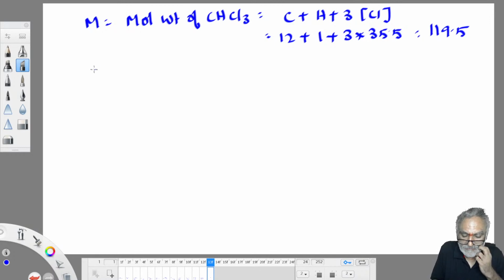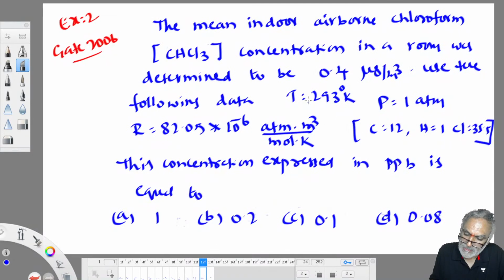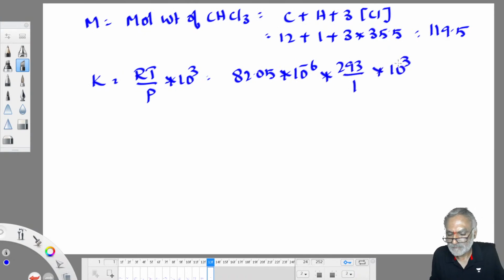Then K value. What is K? So it is RT by P into 10 cube. R is given in the question, 82.05 into 10 power minus 6. Temperature is given, 293 degree Kelvin. He has given in degree Kelvin only, no conversion, into 10 cube. That is K value. So 82.05 into 10 power minus 6 into 293 into 1000.